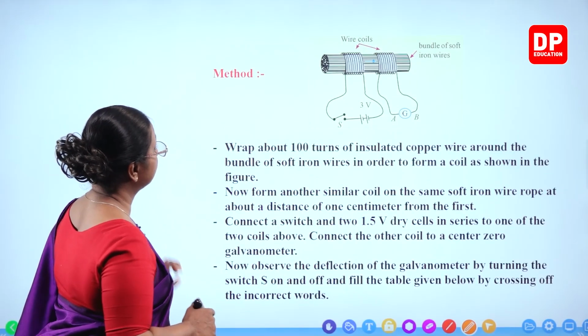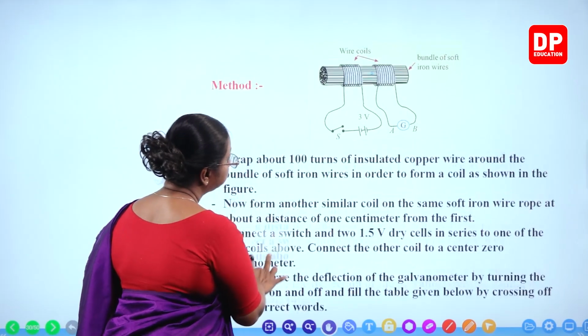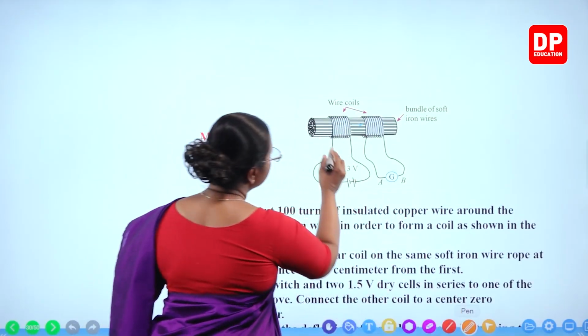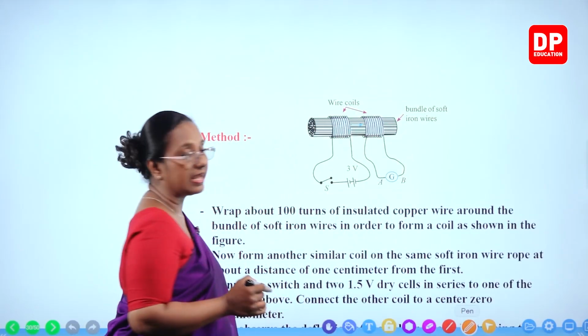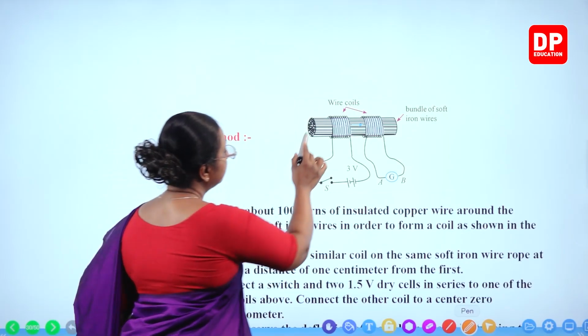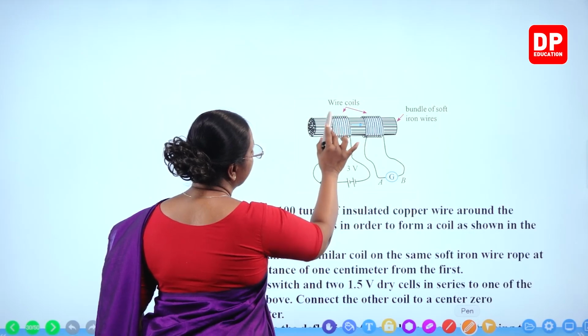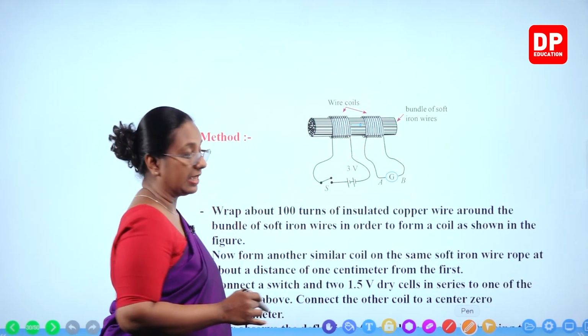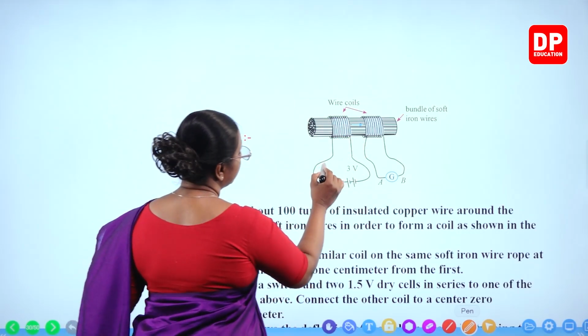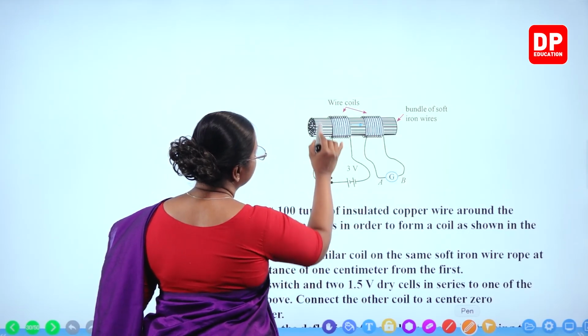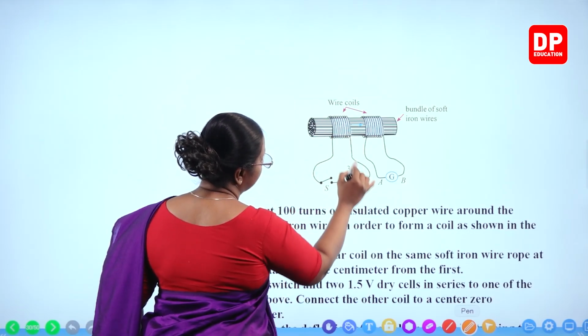So here you can see, this is what I told you all. Now here, these are the bundle of soft iron wires. So here, that is this in the middle, here you can see. Then here you can see the wire coil made from copper wire, insulated copper wire. So you connect the switch, the batteries, and the copper wire is coiled around it.